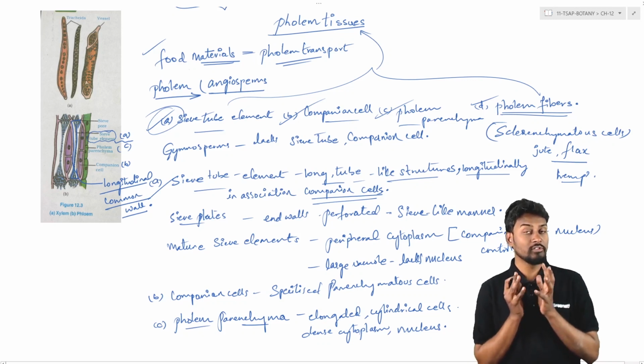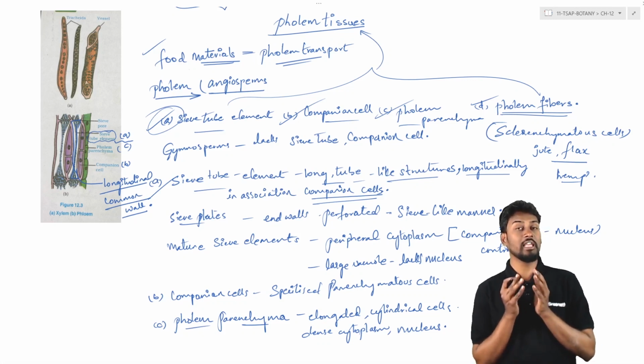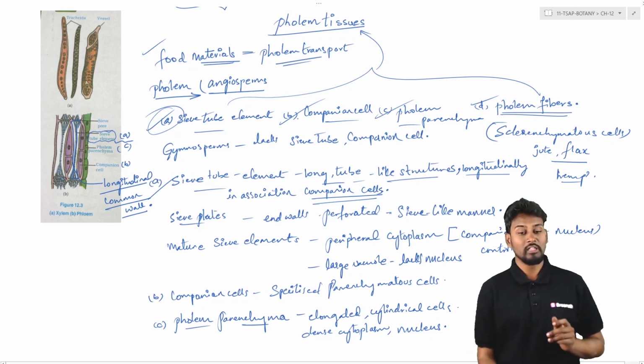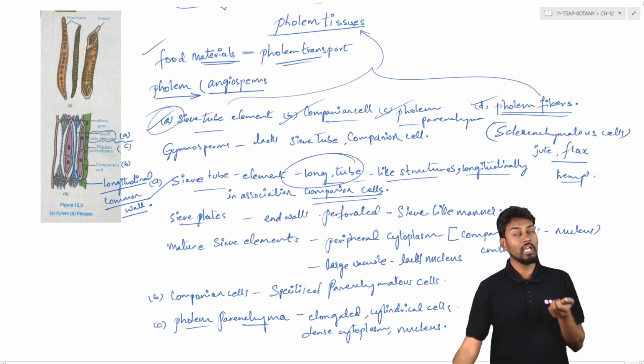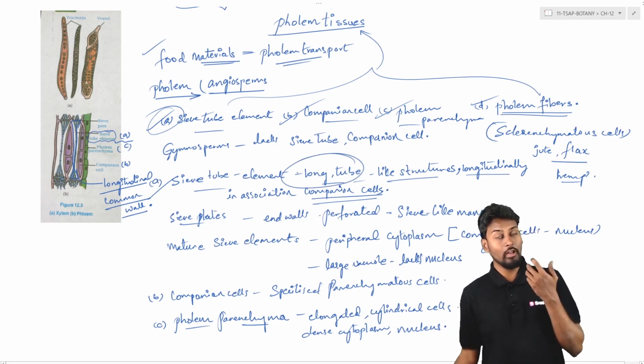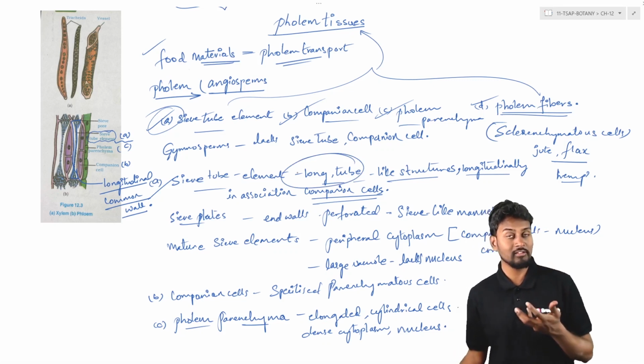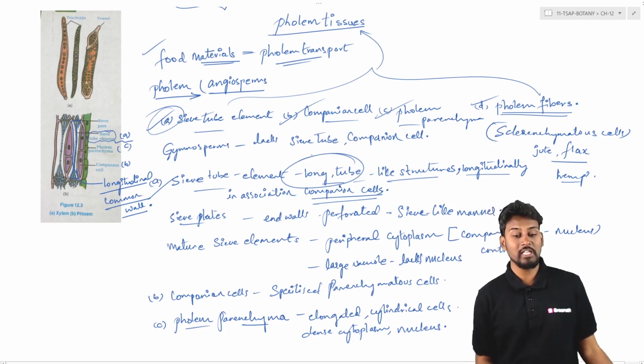Those are the cells which have been modified in such a way that they can create the channel or tube-like structure. Before being modified in this way, these cells are long, elongated and tube-like, generally creating the sieve tube elements, and they are especially longitudinal in association with the companion cell.